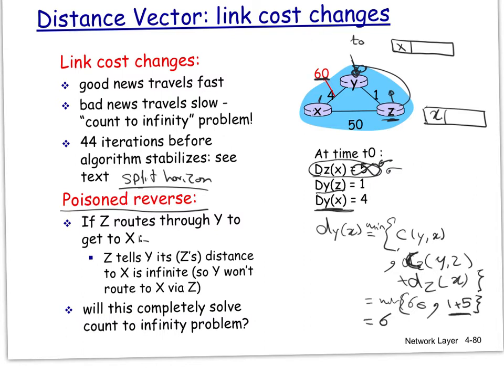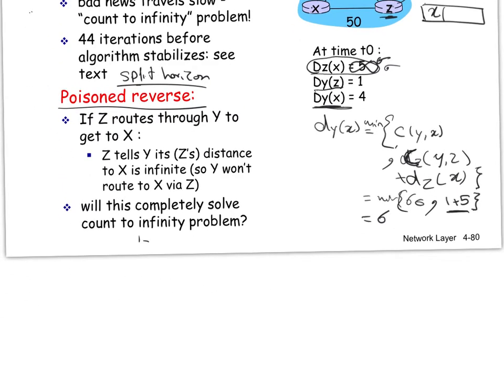If Y knows that the distance between Z and X is now infinity, so we go back to calculating the distance between Y and X, which is the minimum of the cost between Y and X, which is 60, or the cost between Y and Z, which is 1 plus infinity.